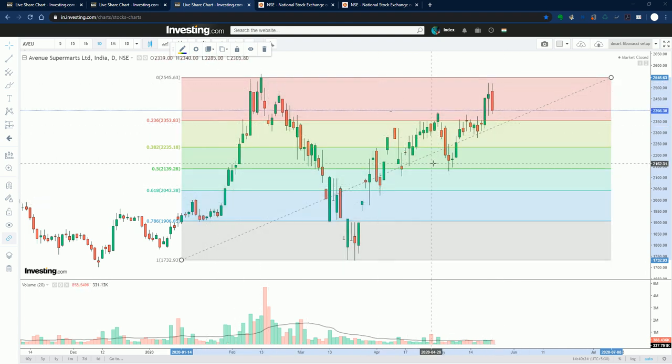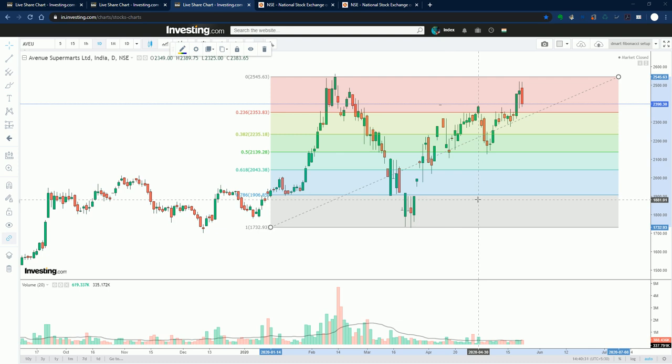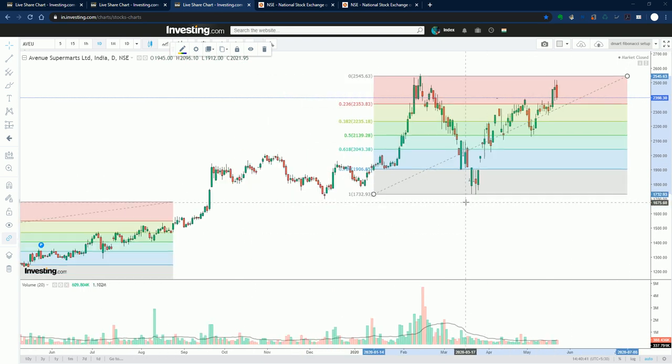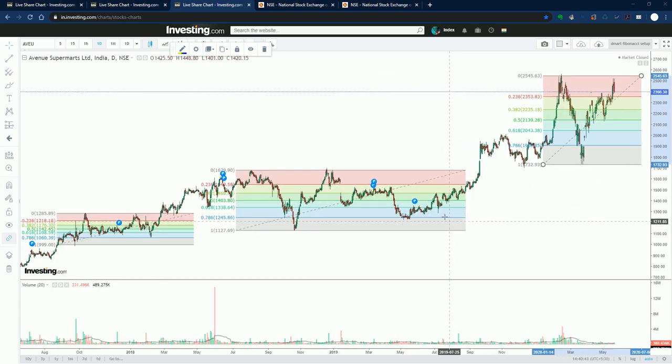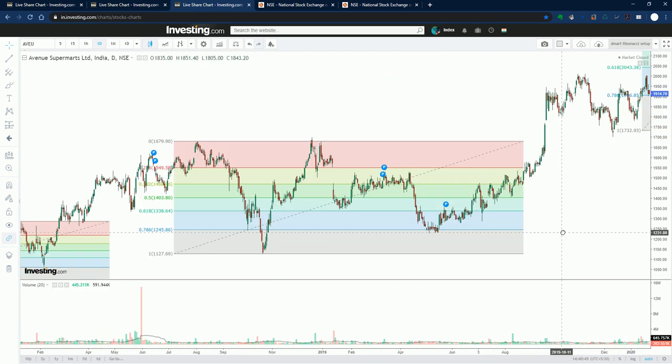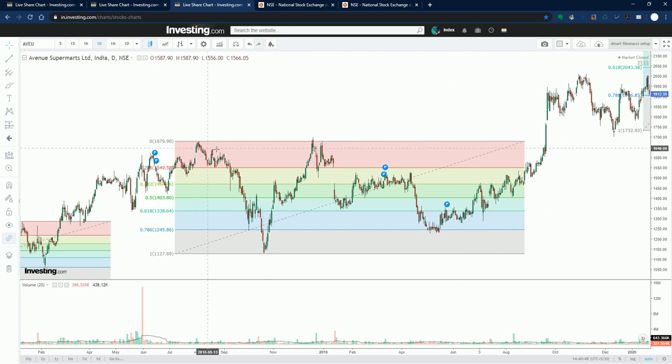Usually this DMart stock follows a typical pattern. It always forms a double top, then falls back to the 78.6 level, consolidates, and then goes up. We can backtest it. I have taken it in another time frame. Here also there is a double top and a fall, and from here the stock goes to the 78.6 level and then gives a breakout.